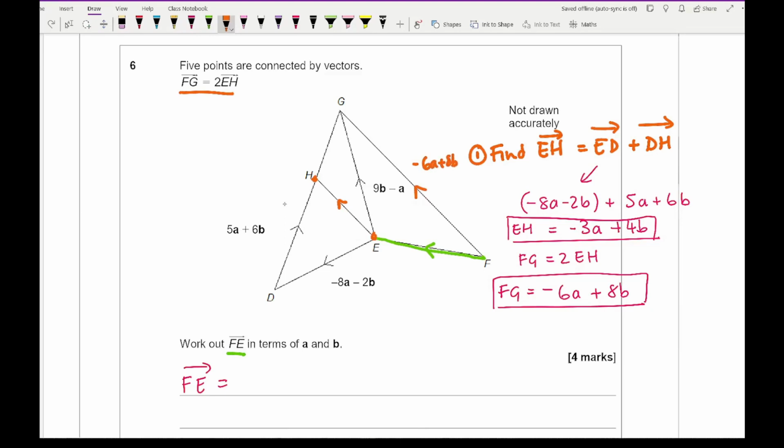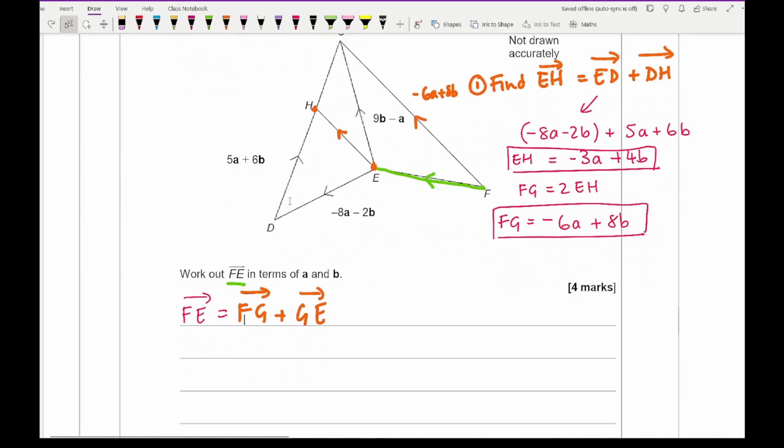So I'm going to go from f to g and then g to e. So looking at this and just scrolling down a little bit, I know that f to g is minus 6a plus 8b, and g to e is minus 9b plus a.